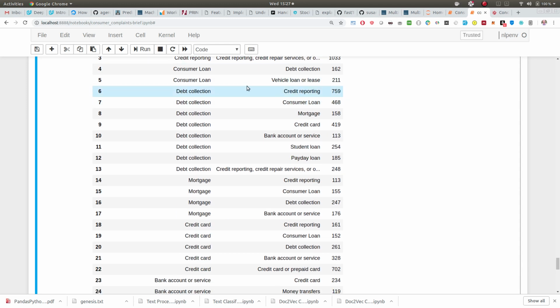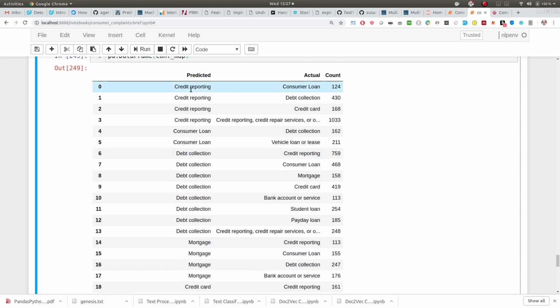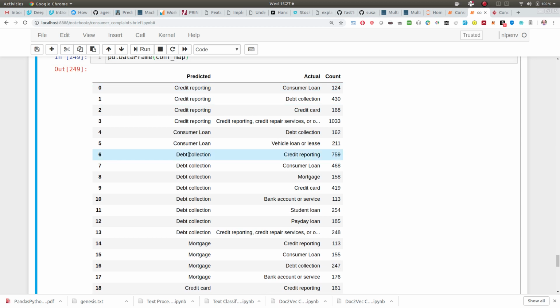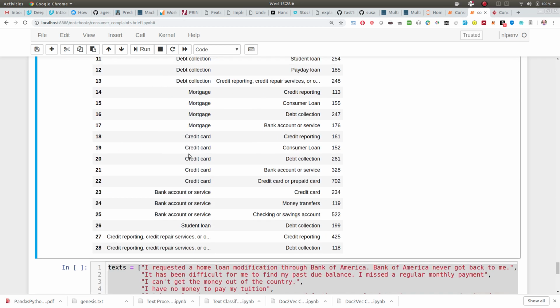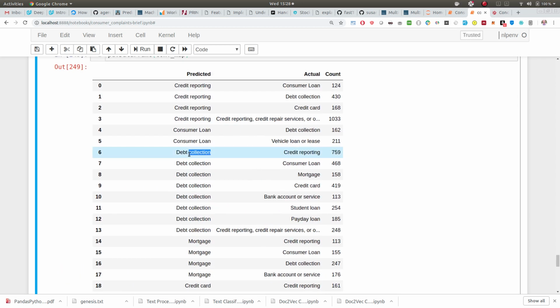Here we predicted 759 to be debt collection, whereas actually they were credit reporting. This table is actually considerably longer, but we filtered it just to have more than 100 counts of anomalies.